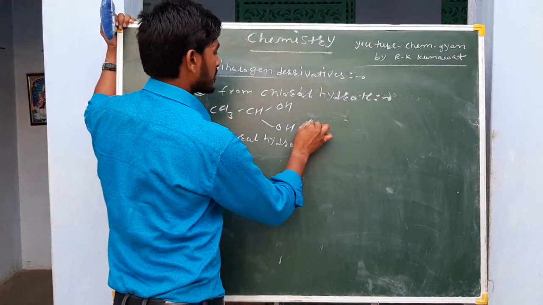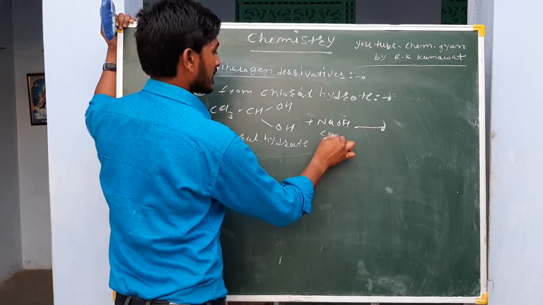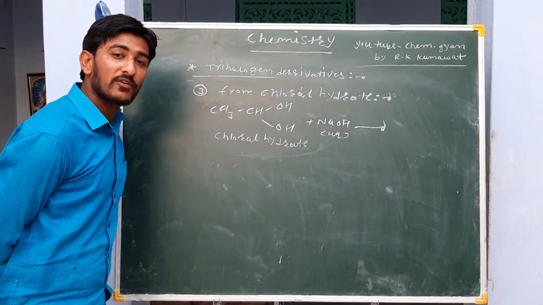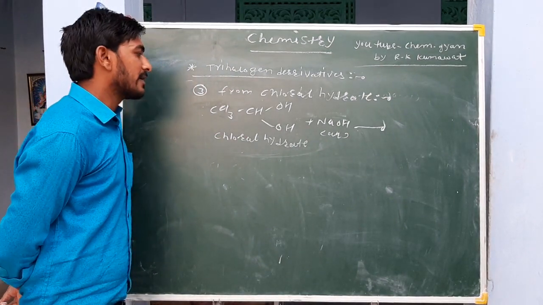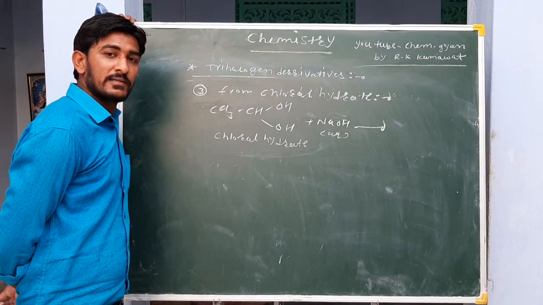Chloral hydrate is hydrolyzed with aqueous NaOH and chloroform is formed in this reaction.